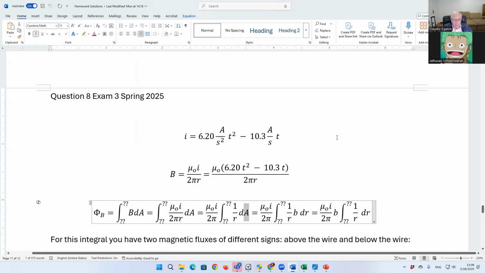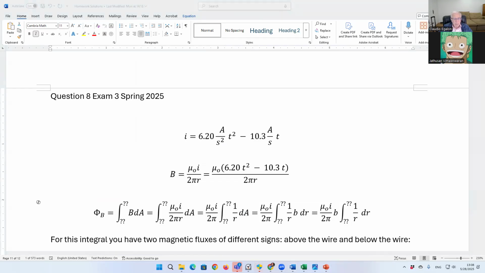So what do we do next? We have this dA, and we have to come up with a way to express the infinitesimal area in terms of the known variables.